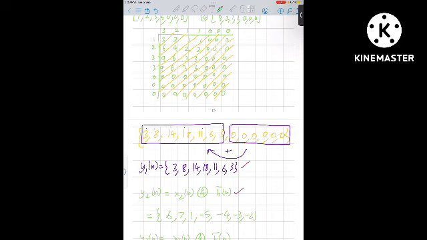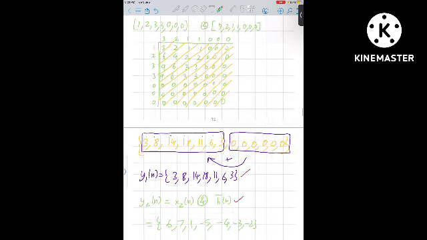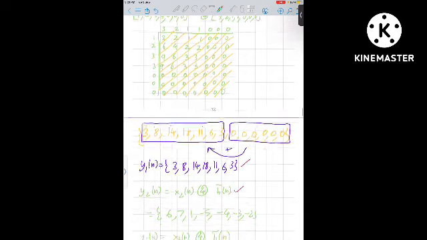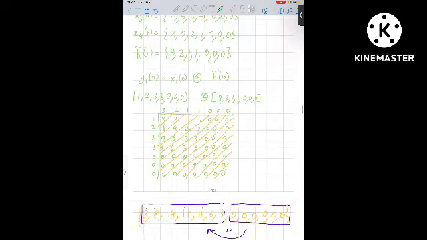Now we obtain y1, to obtain y2 of n. y2 of n is x2 of n, 4-point convolution with h tilde of n. So I straight away write the answers so that time is saved. So it is actually 6, 7, 1, minus 5, minus 4, minus 3, minus 2.